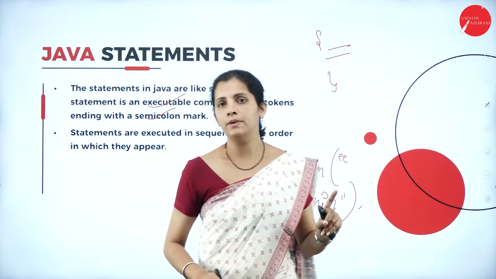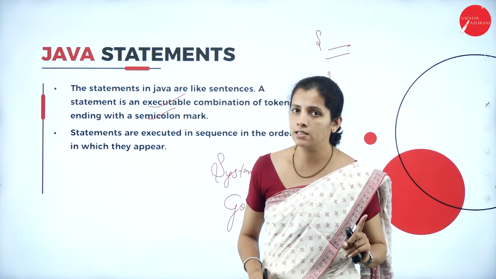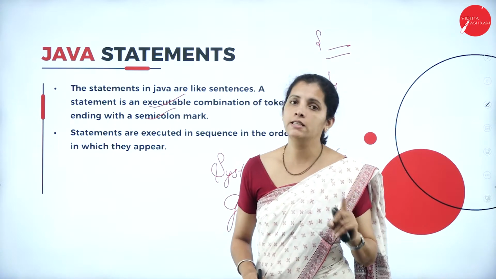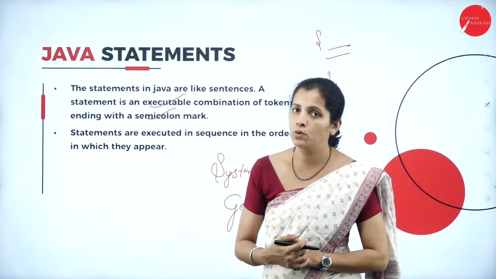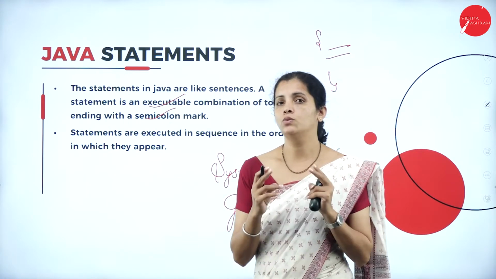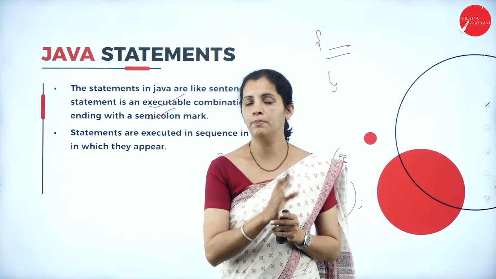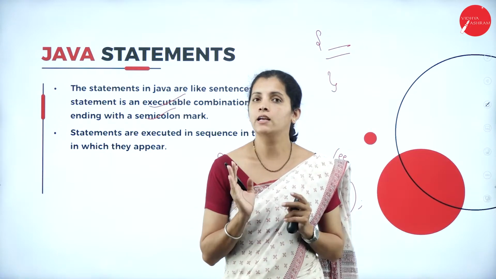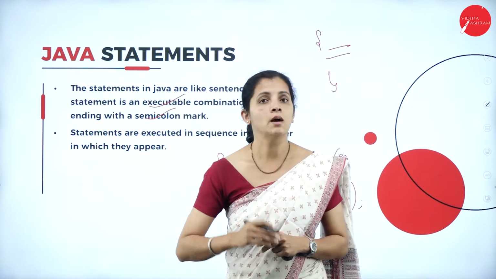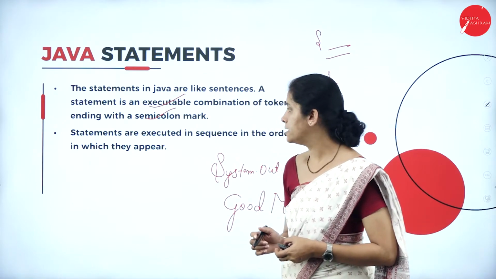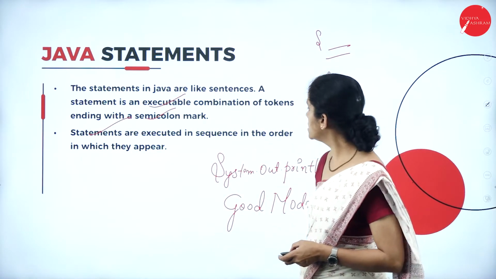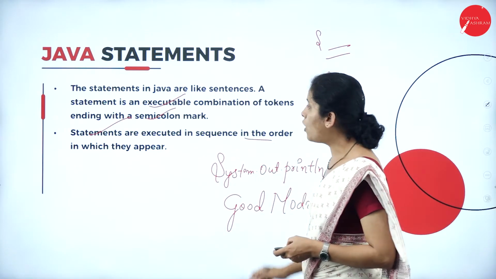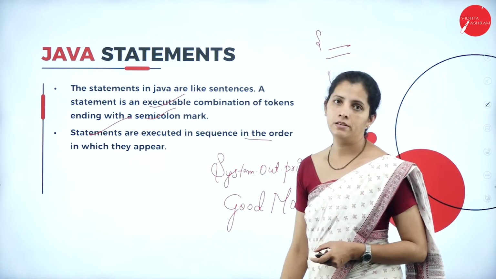So what is a statement? That's nothing but a sentence. And to indicate the end of the statement, I'm going to place the semicolon at the end. So there are two types of statements: simple in the sense one line, and compound in the sense multiple statements. Statements are executed in sequence in the order in which they appear.